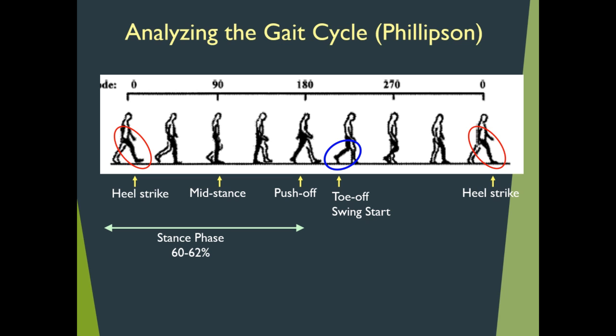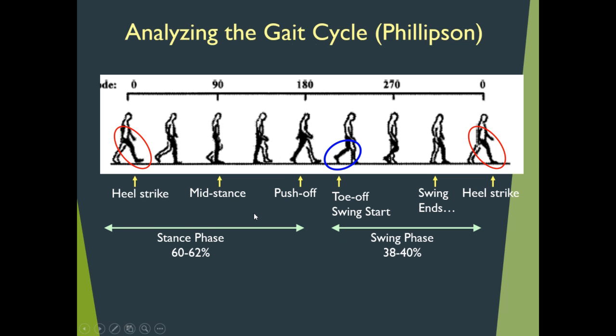As the swing start begins, it also ushers in a phase where the segment is at the mercy of gravity. At some point, swing ends and another heel strike is accomplished. That whole phase just prior to the heel strike is the swing phase. All in all, the stance phase takes up about 60% of the cycle, whereas the swing phase about 40%.